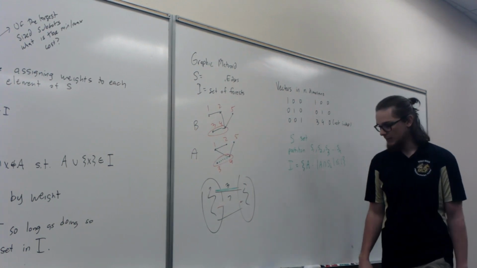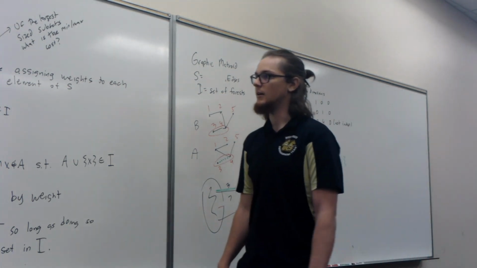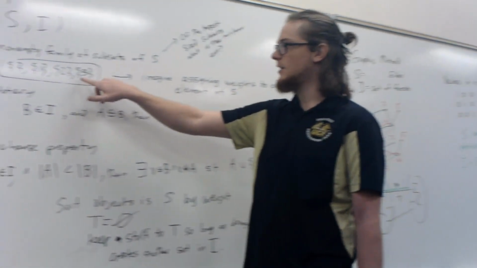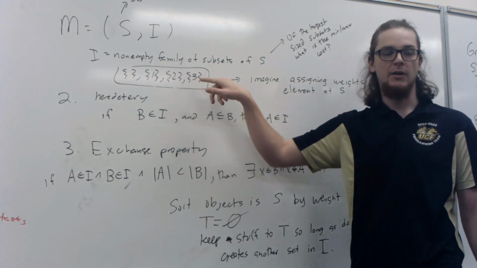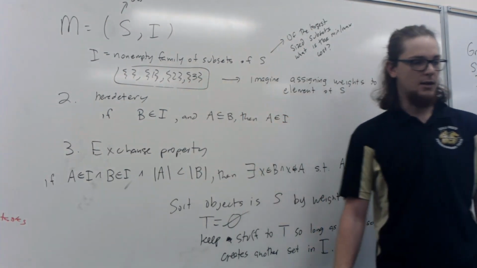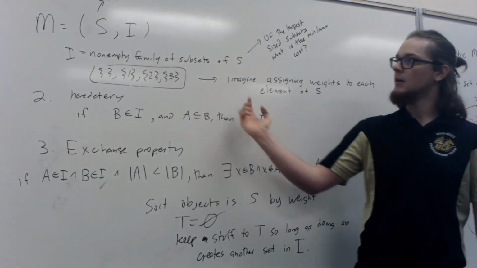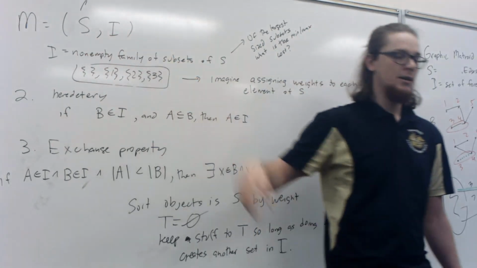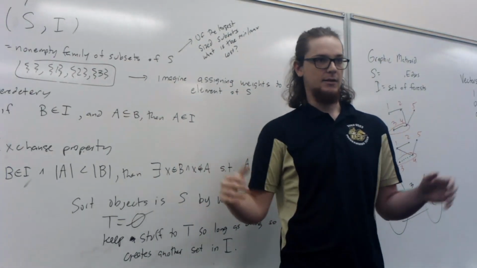Another piece of terminology is that any subset that belongs in I, any element of I, is often referred to as an independent subset of S, which is the ground set. S is a set of elements.